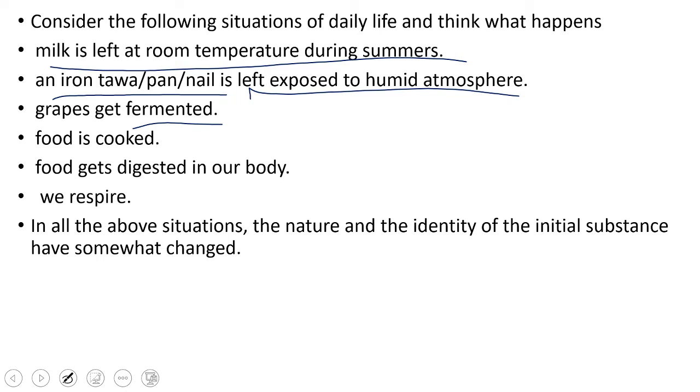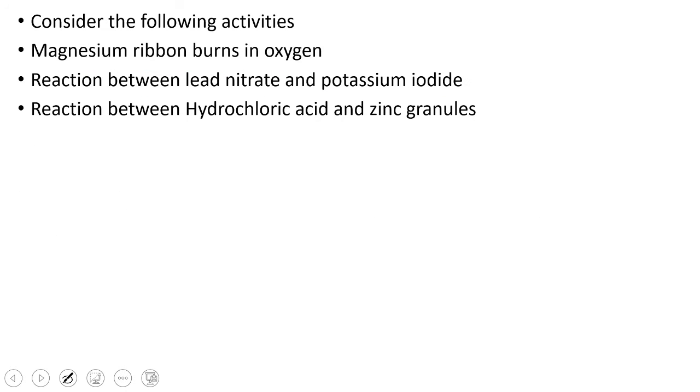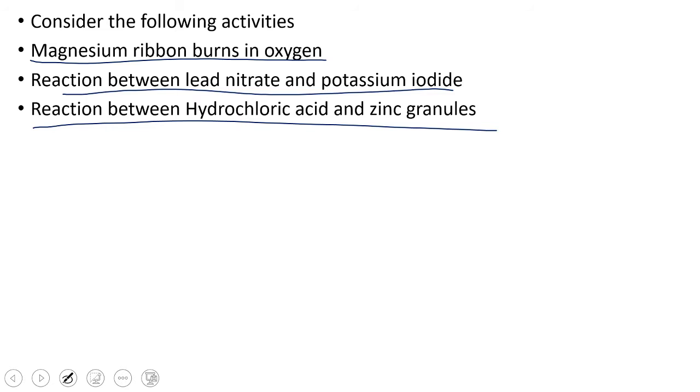So if we observe before and after, a lot of changes occur and a new substance is also formed. Right. So let's have some examples. Here I have given: magnesium ribbon burns in oxygen, reaction between lead nitrate and potassium iodide, and reaction between hydrochloric acid and zinc granules. So let's discuss these examples, right?